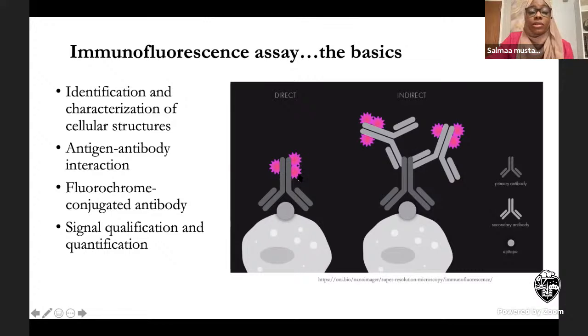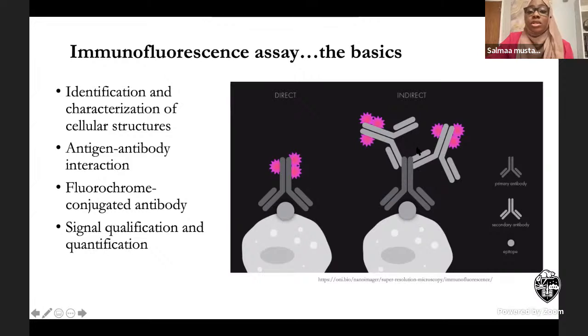And the antibody will be fluorochrome conjugated, and that's how you detect your signal, okay? For the indirect method, you have the same cell with the same protein structure you're trying to characterize. You have the primary antibody. However, that antibody is not conjugated, okay? And then you have your secondary antibody that's conjugated and will help you see your signals.